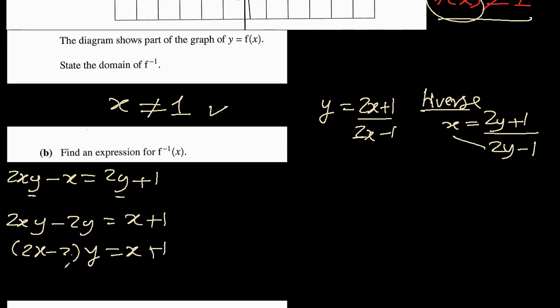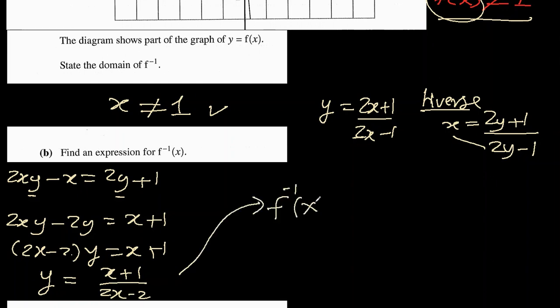So y equal to x plus 1 over 2x minus 2, and we can write this as f inverse x is x plus 1 over, we can take 2 also common here, 2 times x minus 1. This is the inverse of f.